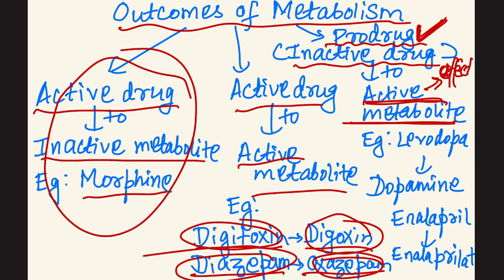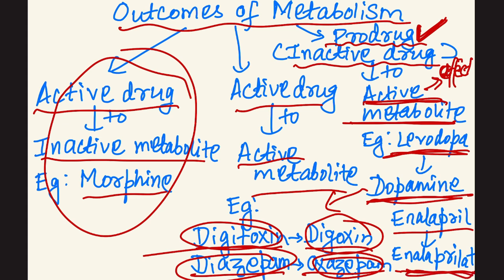An example of a prodrug is levodopa, which is converted into dopamine, and dopamine is responsible for producing the effect, and it is used in case of Parkinson's disease. Then we have enalapril, which is converted into the active metabolite, that is enalaprilat, which is responsible for lowering the blood pressure. So it is used in hypertension, that is as an antihypertensive. So enalapril and levodopa are examples of prodrug.